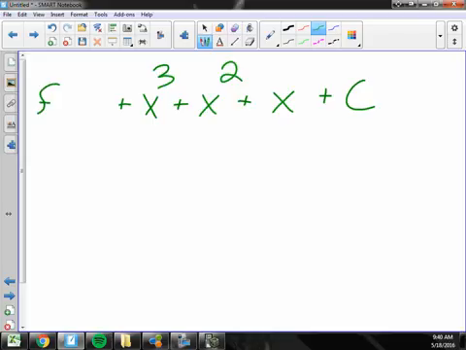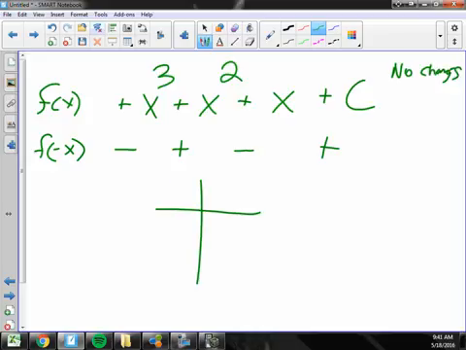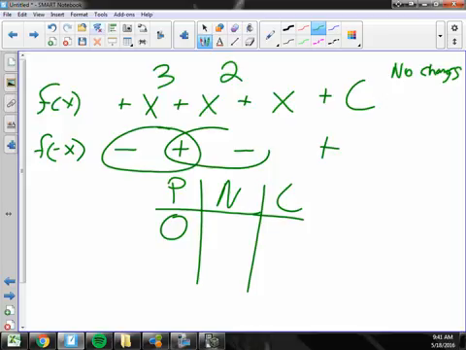So this is f of x. So f of negative x would look like negative, positive, negative, positive. So this has no changes. So if we did our chart, positive, negative, complex, positive is 0, but negative would be, so here's a sign change, here's a sign change, and here's a sign change.